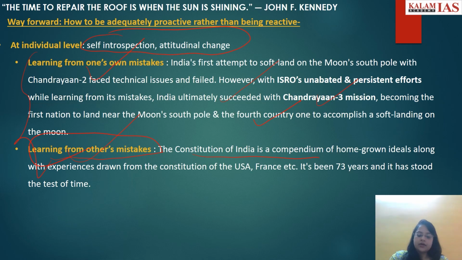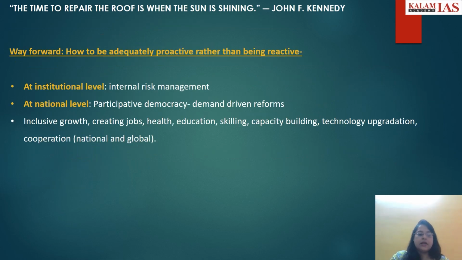Okay, so that's how you should be bringing in many examples. Then you can talk of the institutional level. See, in the way ahead, it's very, very important to structure your points. You can go with the individual level, family level, society level, institutional level, national level. That way you can structure your way ahead points instead of writing here and there.